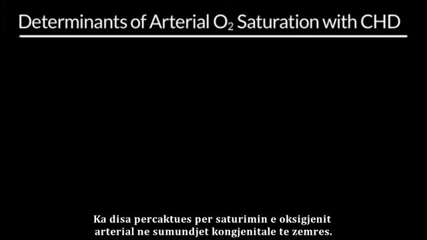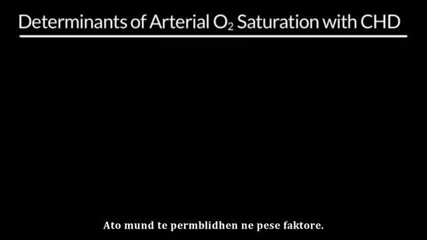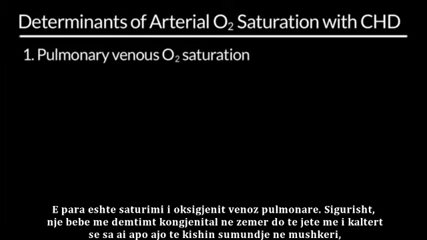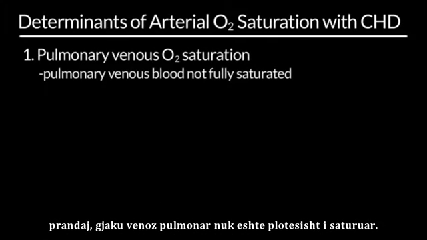There are multiple determinants of arterial oxygen saturation in congenital heart disease, and they can pretty much be boiled down to these five factors. The first is pulmonary venous oxygen saturation. Obviously, a baby with a congenital heart lesion will be bluer than he or she would otherwise be if there's lung disease, and hence the pulmonary venous blood is not fully saturated.